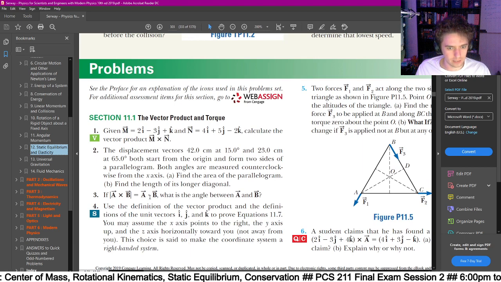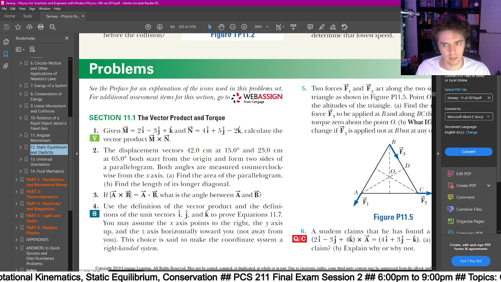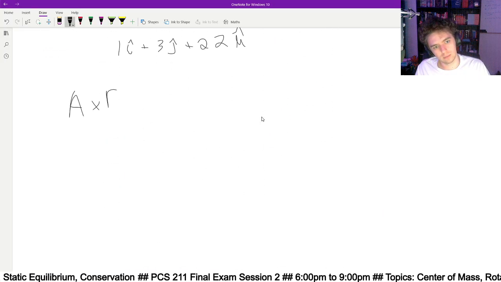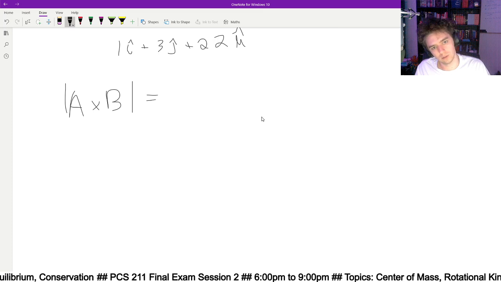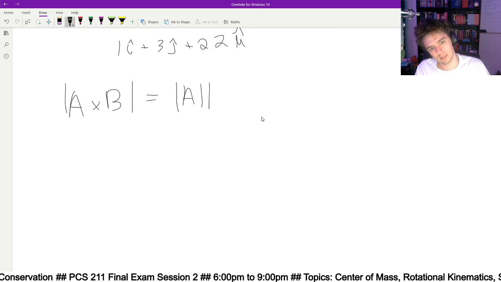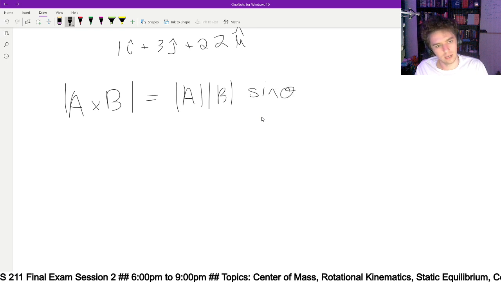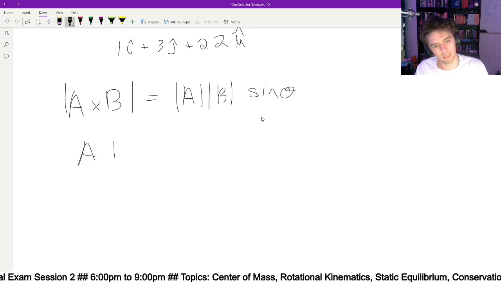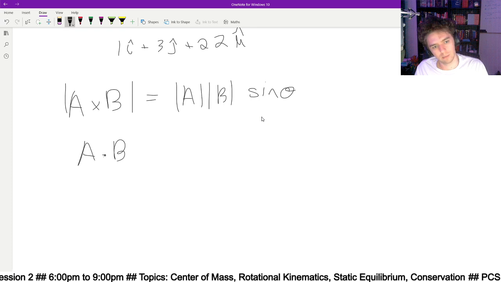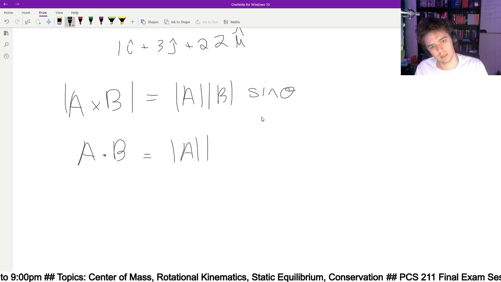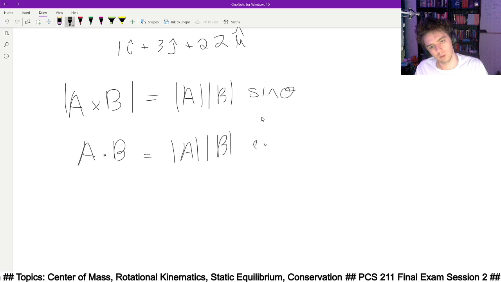If A cross B equals A dot B, what is the angle between A and B? So that's not too hard to find. A cross B is equal to the magnitude of A times the magnitude of B times sine theta, right? And A dot B is equal to the magnitude of A times the magnitude of B cos theta.